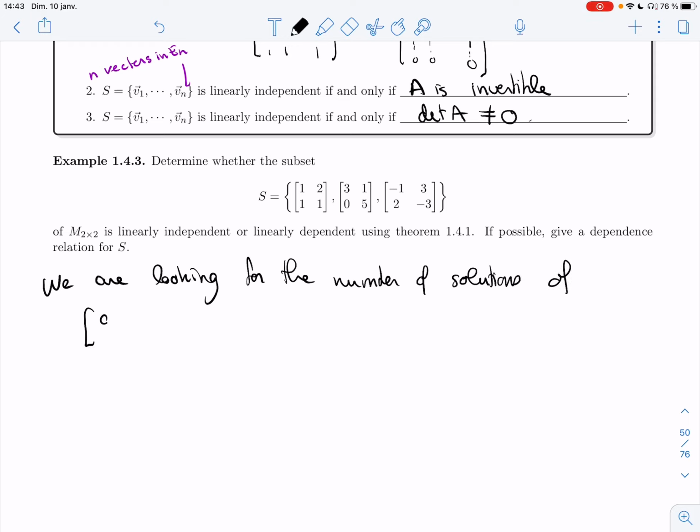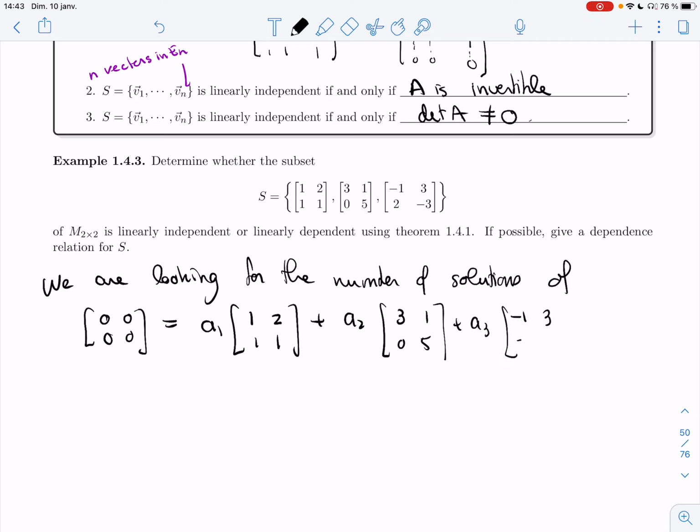I want 0, so the 0 matrix here is equal to A1 times the first matrix, so 1, 2, 1, 1, plus A2 times the second, plus A3 times the third. And so let me squeeze that a bit. It's a bit too big.